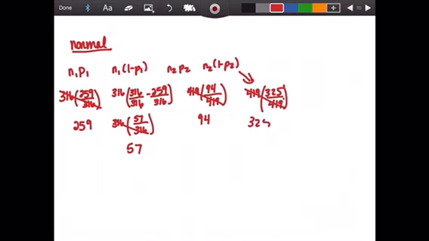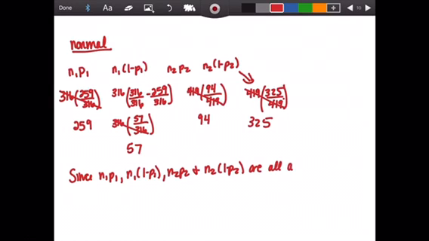So this is 325. So we can say, since n1 p1, n1 times 1 minus p1, n2 p2, and n2 times 1 minus p2 are all at least 5, the distribution is approximately normal.